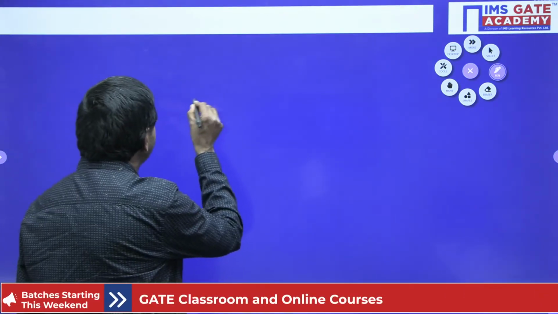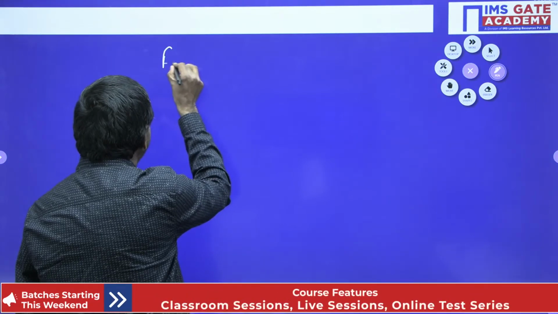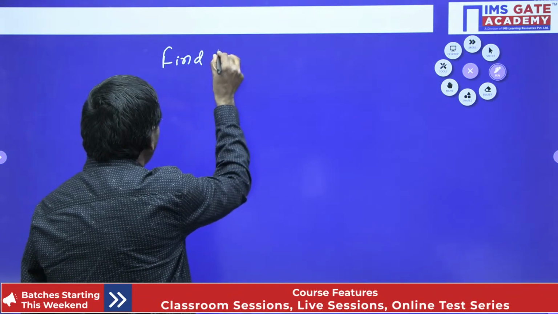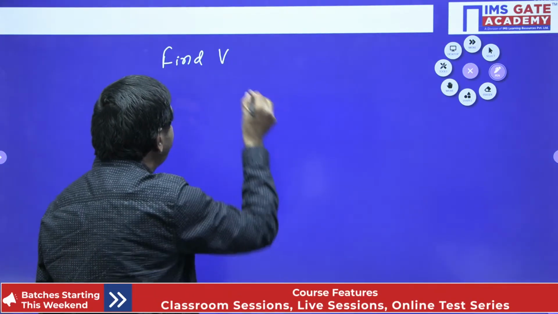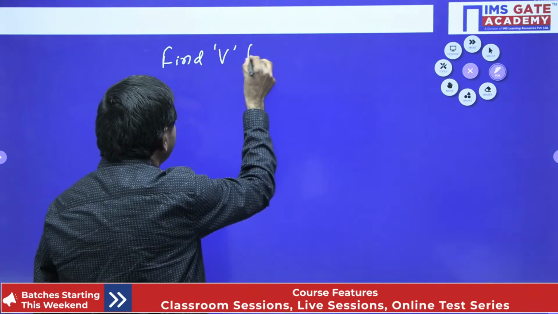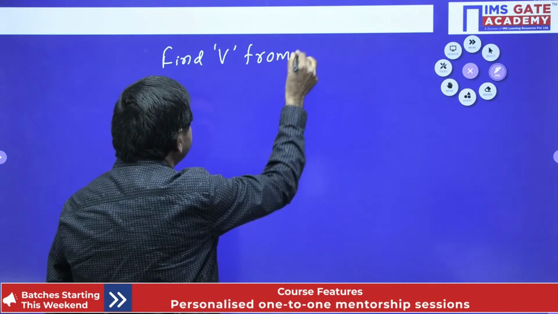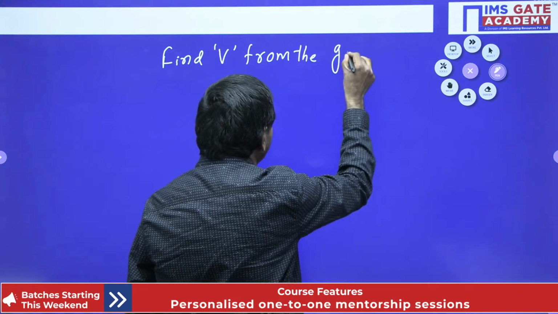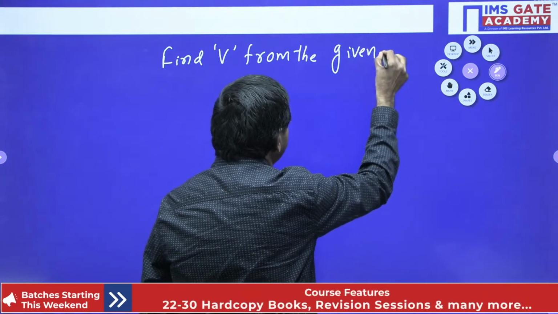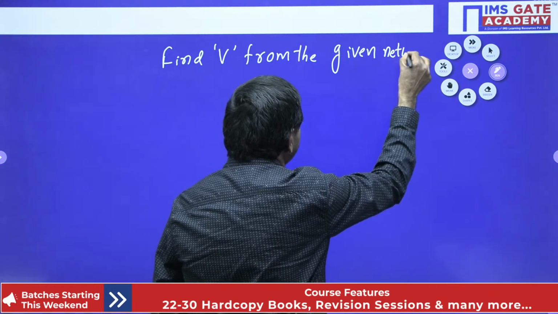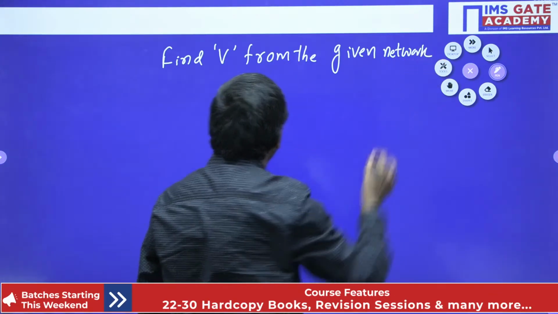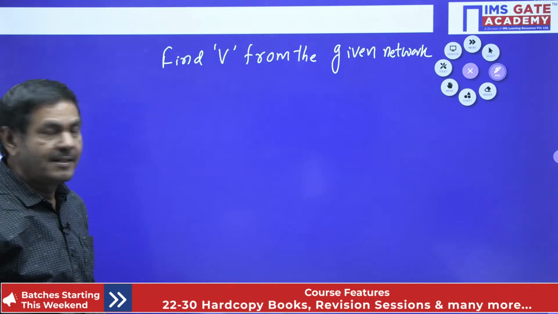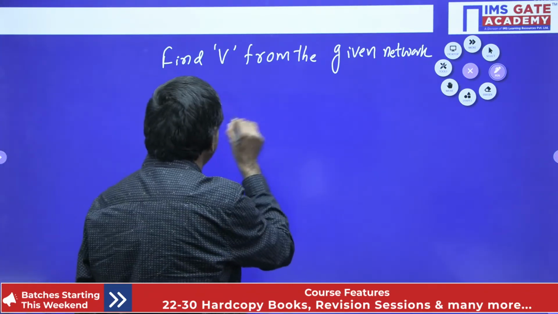Suppose you are given here, I am asking to find V, the V value from the given network. The network is given in this way.